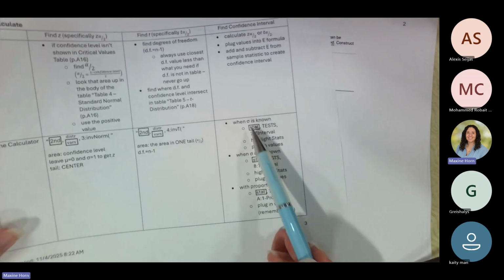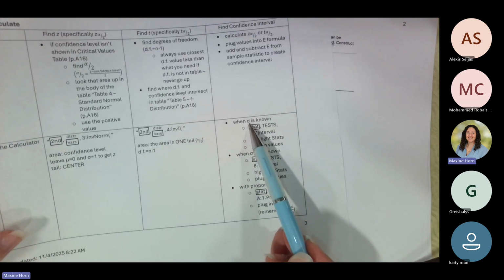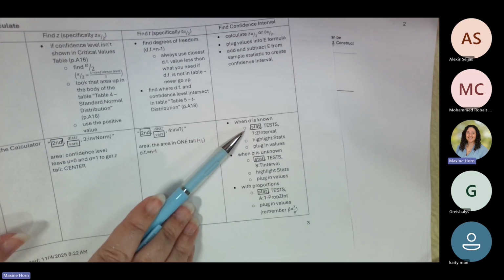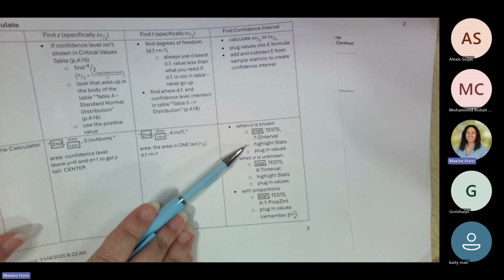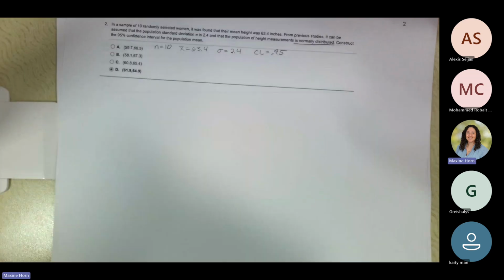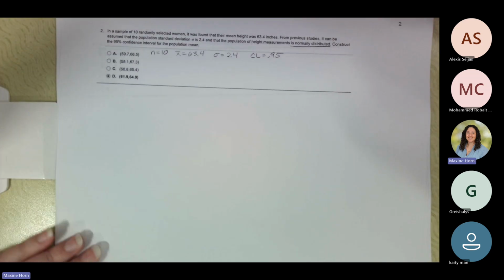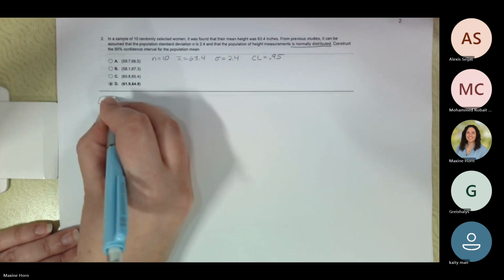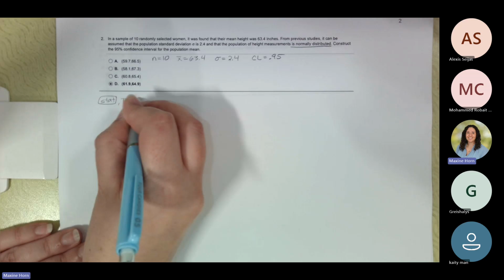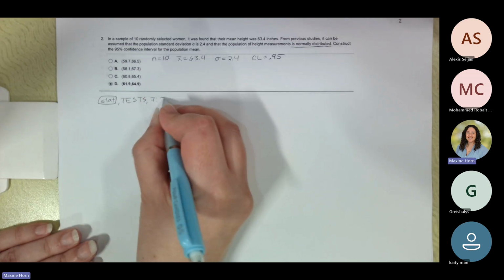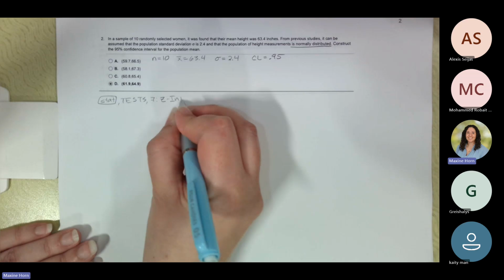if I know my population standard deviation, I'm going to do the z-interval. So I'm going to do stat tests z-interval. I'm going to make sure I'm on stats and not data, and I'm going to plug in all the values that I have. Okay. So we go stat tests. What was that, number 7, which is a z-interval.